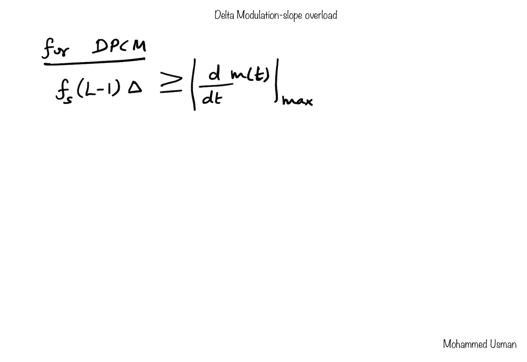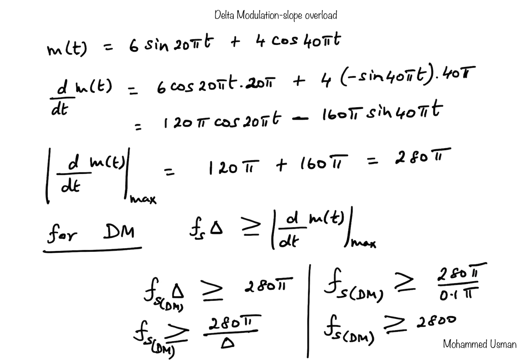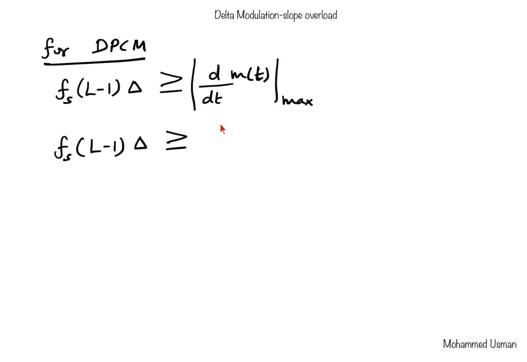The maximum magnitude of the slope is 280 pi for this particular m of t.